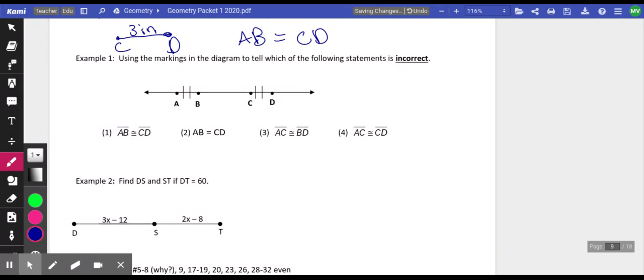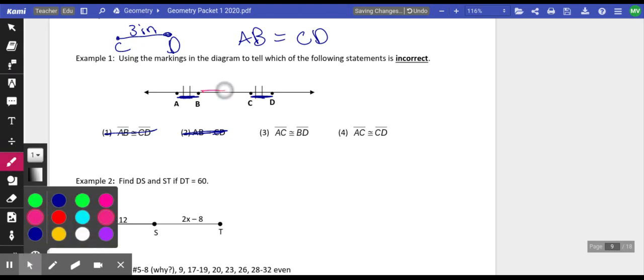So now an example. Using the markings in the diagram, tell which of the following is correct. Well, these markings, this dash, are saying that AB is congruent to DC. So that's correct. And if AB is congruent to DC or CD, they're equal. Now the other ones, they're not those 2 parts. But if we look, BC is the same as itself, yes?